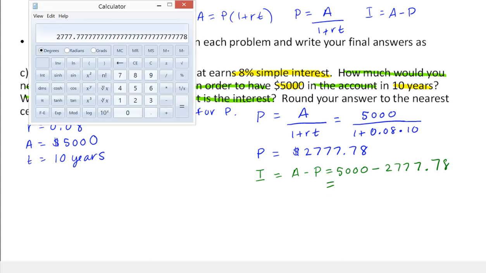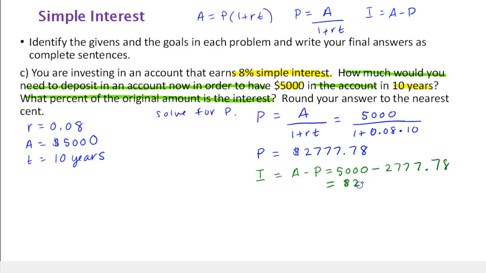And we will put that into the calculator. .78 equals, and we get the result that the interest is $2,222.22. Okay, so that's the interest, but remember we're asked what percent of the original amount is the interest, and the original amount would be this principal.